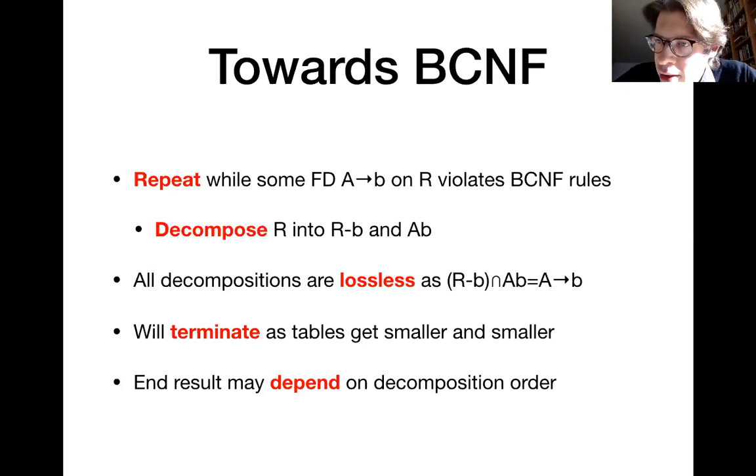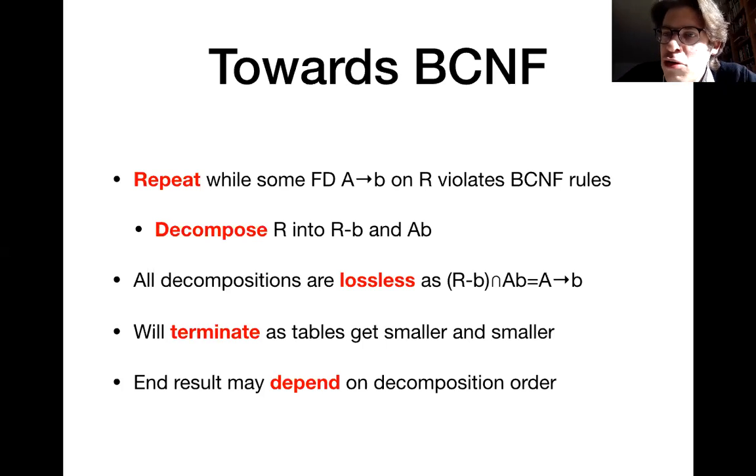Whenever we want to check whether something is in Boyce-Codd normal form, we iterate over functional dependencies and check whether they hold for specific tables. And if we find one functional dependency of the form A implies B, where A is an attribute set and B is a single attribute, and if we find this to violate the rules of Boyce-Codd normal form, then we decompose the corresponding relation R, as you see here.